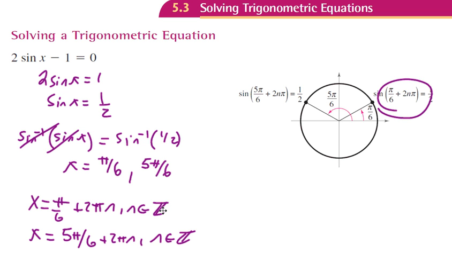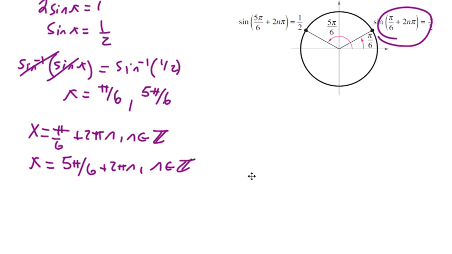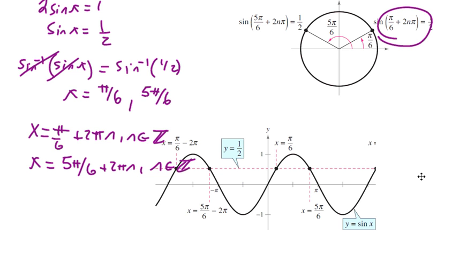All right, and so these 2 answers right here would be all of the infinite answers, because sine goes on forever. And I actually have a graph right here just to show you that. If you look at the sine graph, oops, let me see if I can get this on here. Yes, it will.